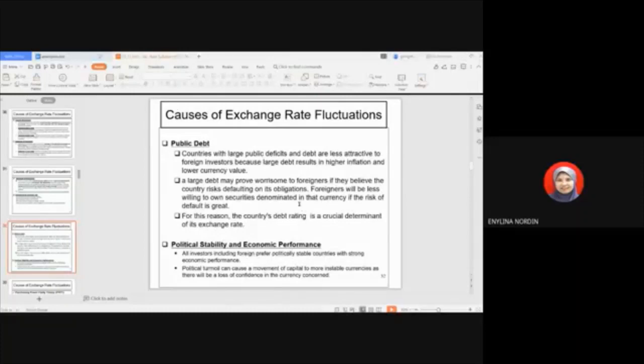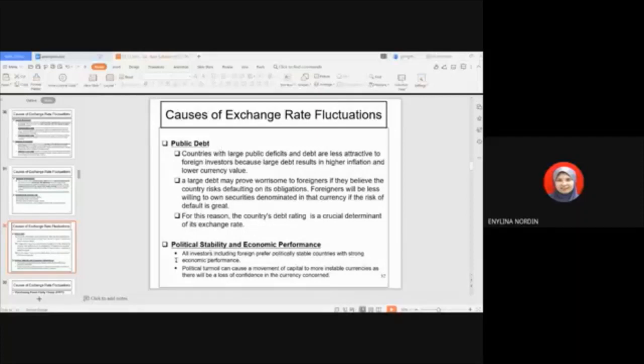That rating will be a crucial determinant of its exchange rate. So that is about public debt, and that may influence the exchange rate.